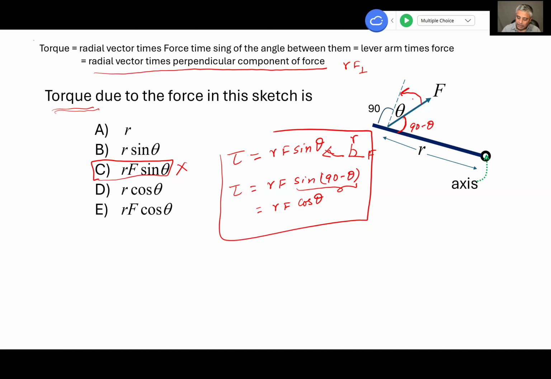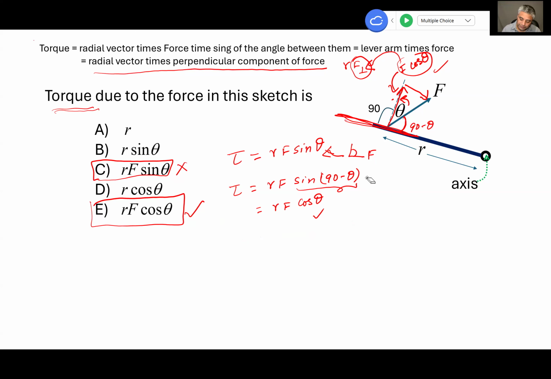So let's find the perpendicular component of F. If we go like that and go like that, this is the perpendicular component of F, perpendicular compared to the R. So this is going to be adjacent, so this is going to be F cosine theta. If you plug that in for F perpendicular, then you get this, right? Both methods give you this.